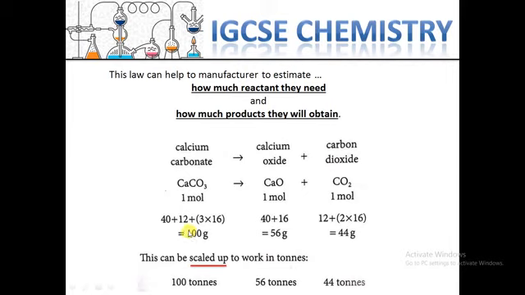If we just calculate 100 minus 56, the rest will be 44. This is a very simple relationship.